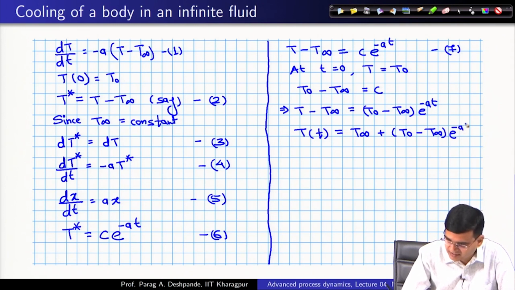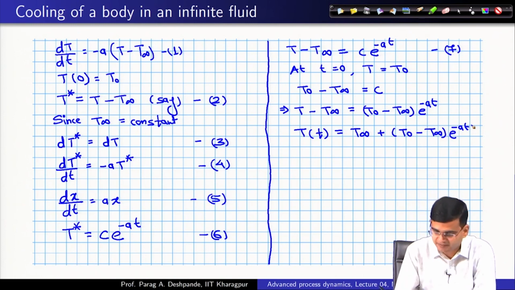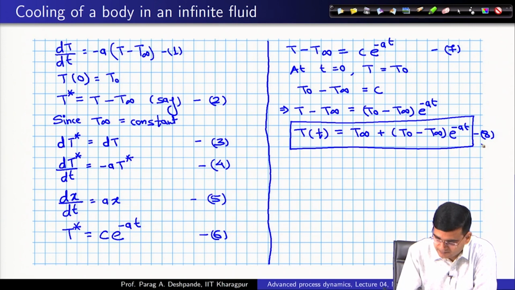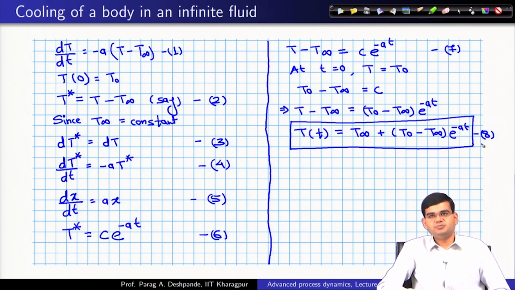So, minus a t. Okay. So, the exponential has minus of a t. So, this is my final solution to the model equation. Okay. And this now puts me in a position to draw the phase portraits for the system.